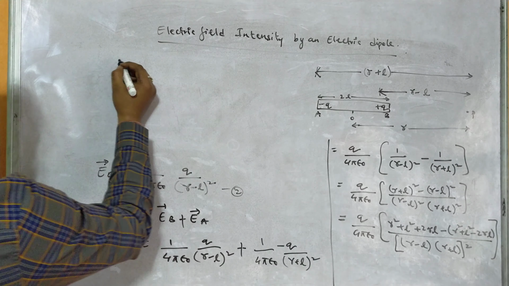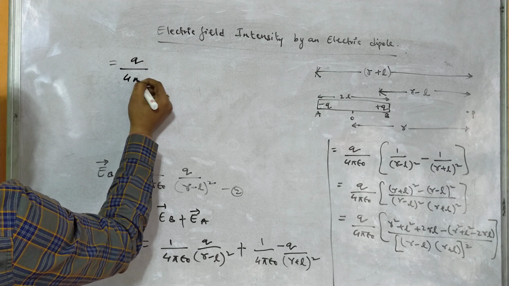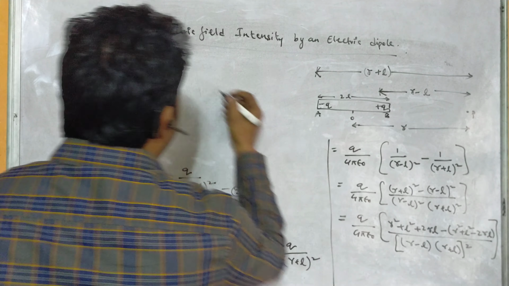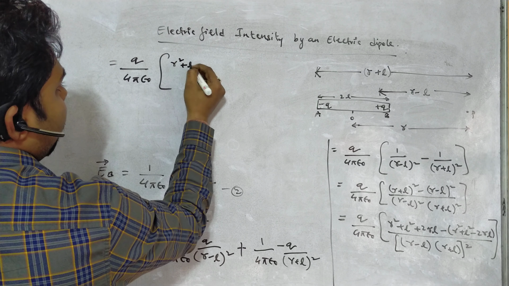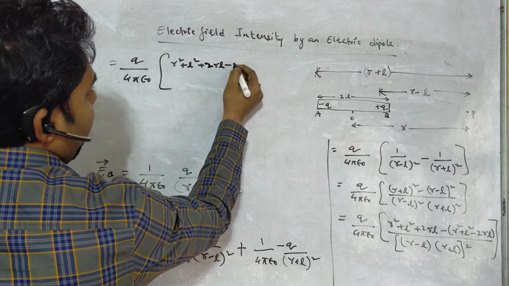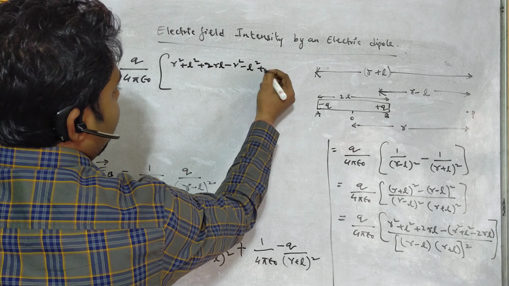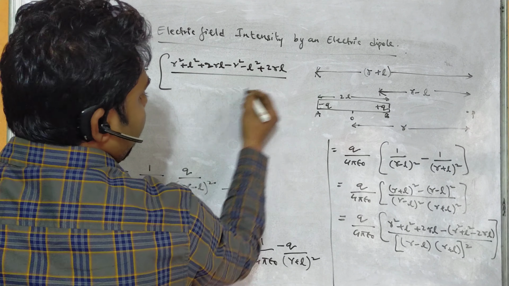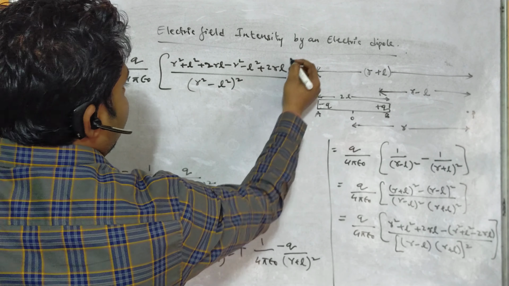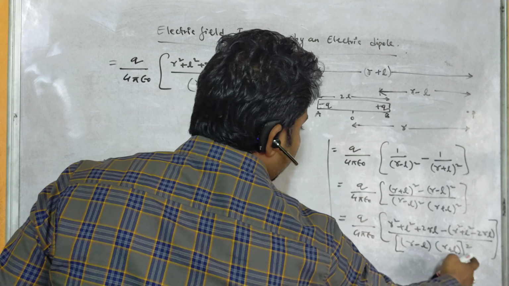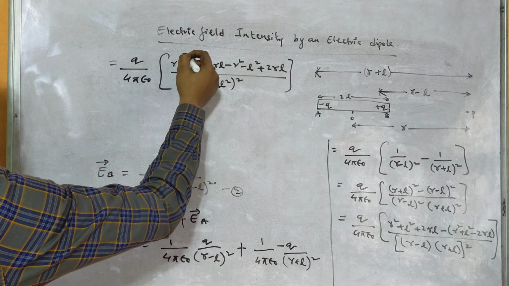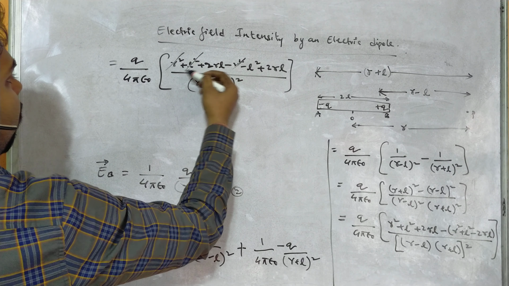In this equation, that is Q by 4 pi epsilon naught, R square and R square will get cancelled: R square plus L square plus 2RL minus R square minus L square plus 2RL, by (R square minus L square) whole square. Because (a minus b)(a plus b) is a square minus b square, and the square is already there. So R square and R square get cancelled, and L square and L square get cancelled.